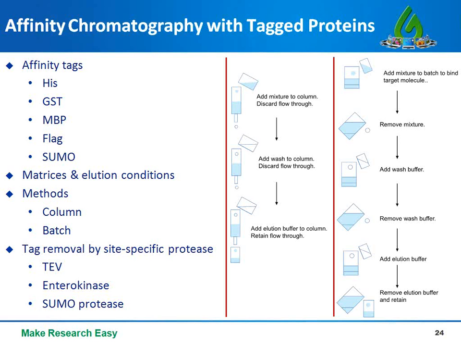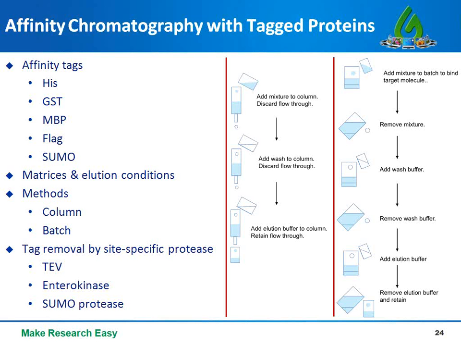Affinity chromatography is the most commonly used protein purification method, especially for tagged protein. The commonly used affinity tags include polyhis, usually 6-his, GST, MBP, flag, and SUMO tag. Each tag has its corresponding matrices and elution conditions.